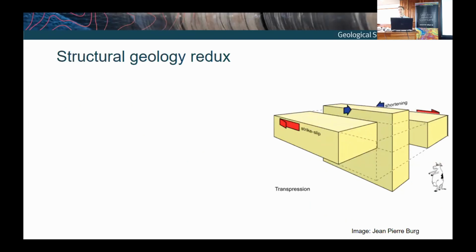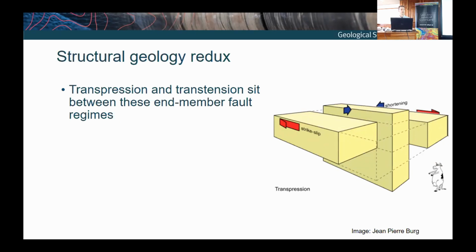So apart from your three end-member faults, you've actually got transpression and transtension, which are between those regimes. And you can really think of it as a continuum. At low angles of obliquity, so at low alpha, which is at 0 alpha, you've got strike slip. At low alpha, faults behave more or less like strike slip.